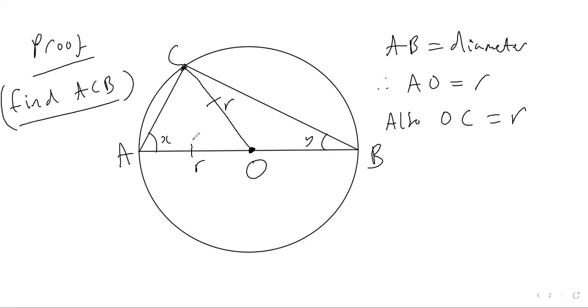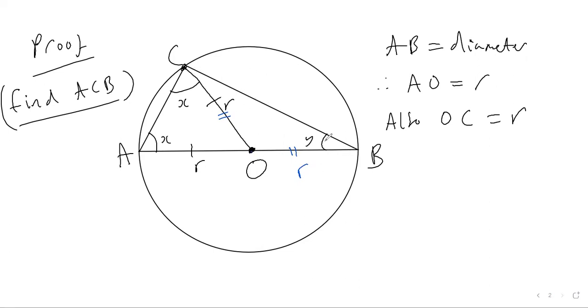So we've got an isosceles triangle there. If we've got the same size R there as R there, then this angle up here must also be x. Perfect. Now let's look at this triangle OCB. This is also an isosceles triangle, because going from O to B is the radius, and going from O to C is the radius.